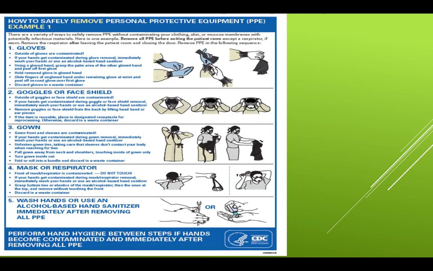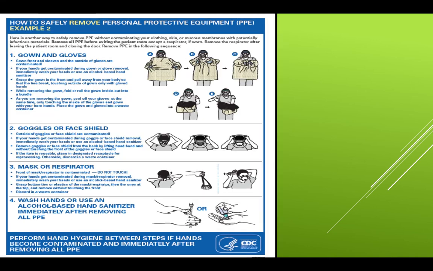And on the previous slide, you're removing your gloves first, then your goggles, and working your way down to your gown. But you can safely remove your gown and your gloves at the same time and then work your way down. Most importantly, again, is not to touch your face in particular, and also just to perform good hand hygiene.